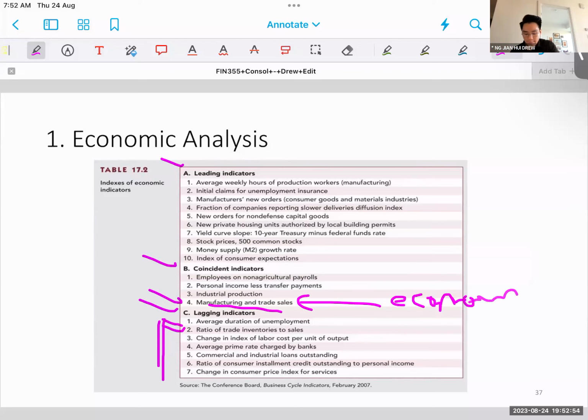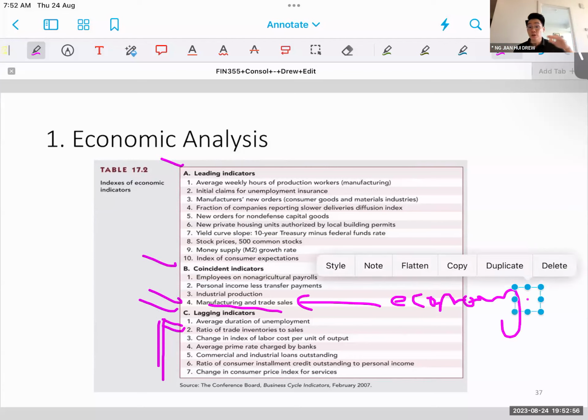If the economy is doing well, there is more demand for goods and services, right? And because there's more demand, the manufacturing and also the trade volume will increase. So it is more coincidental in the sense that it moves very closely with the economic cycles.